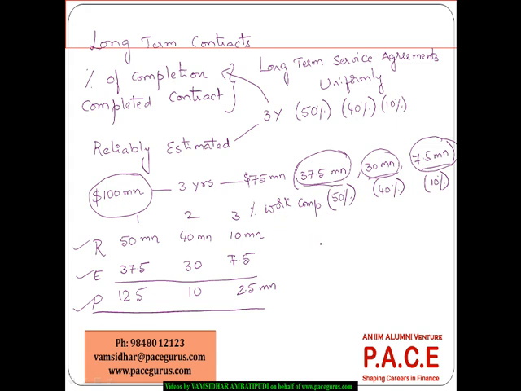So this is supported both in US GAAP as well as under IFRS. Whenever the reliable estimation of the work can be done, we can very well use this percentage completion method.